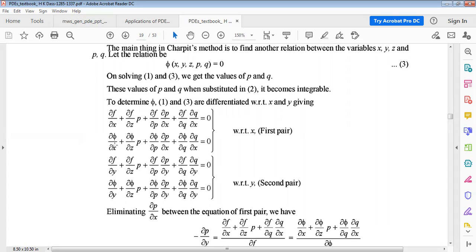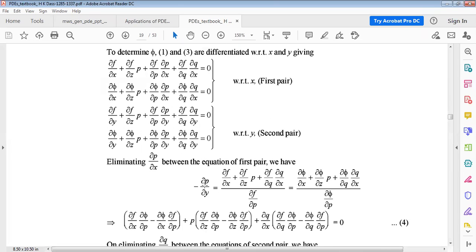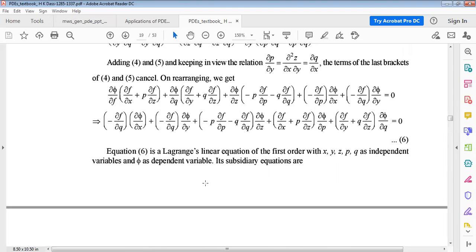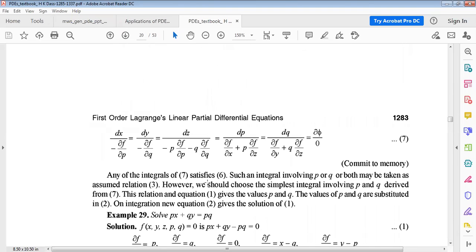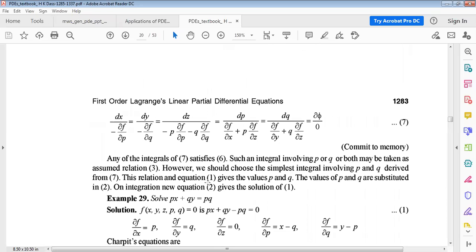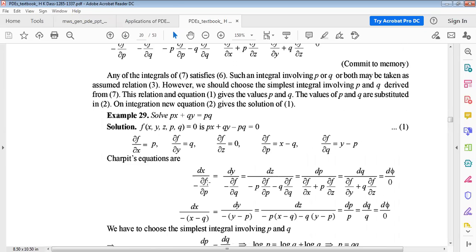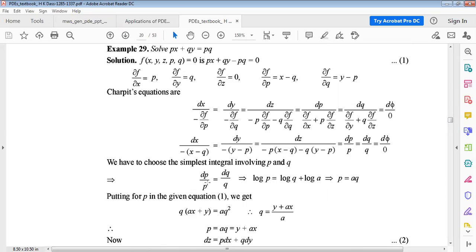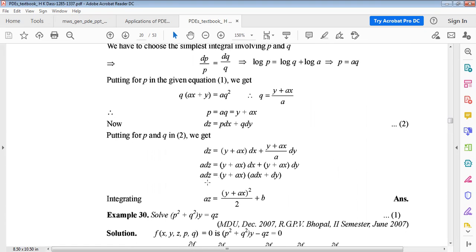This is from 1 and this is from 3, with respect to x, and this is from 1 with respect to y, and this is from 3 with respect to y. Now we can eliminate; I am not proving it, I am just talking about this. By Charpit's method, we will try to solve a partial differential equation.